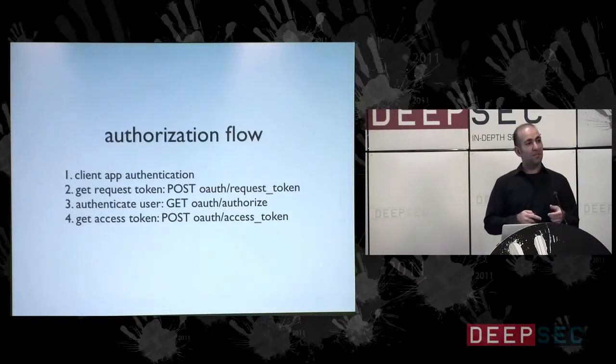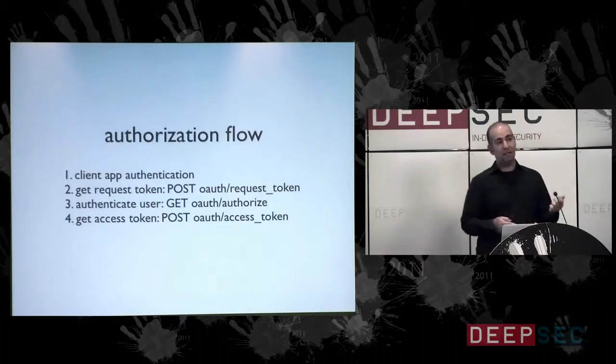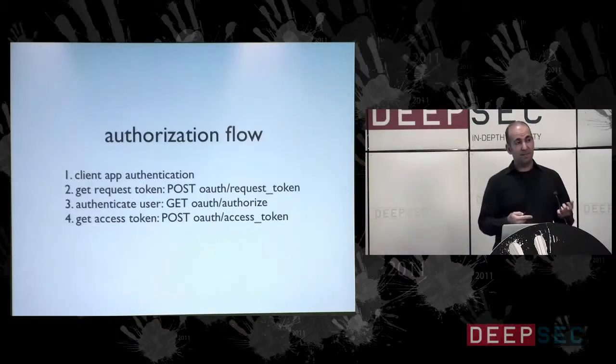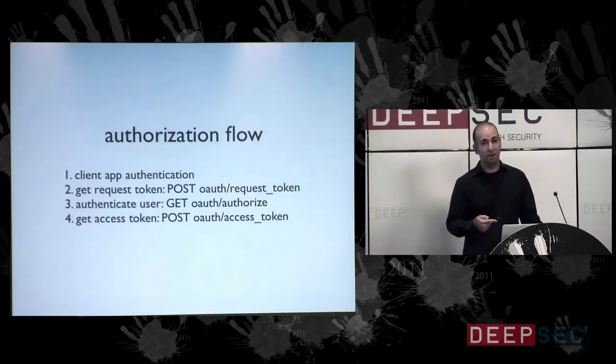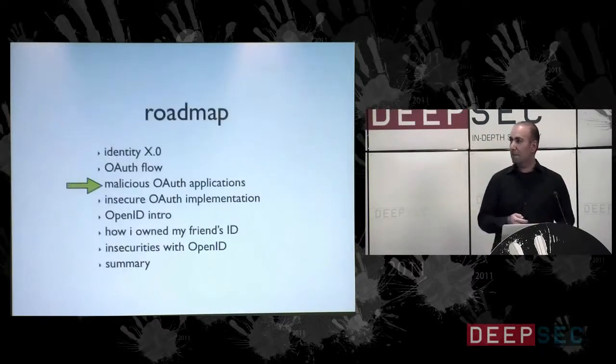The request token is really just used for the client to point the user to the proper authorization endpoint on the server, where the user actually authenticates, provides consent, and gets redirected back to the consumer or the client. And an access token is given to the consumer that the consumer can use on an ongoing basis to access protected resources on the server. So there's a lot of redirections going on here.